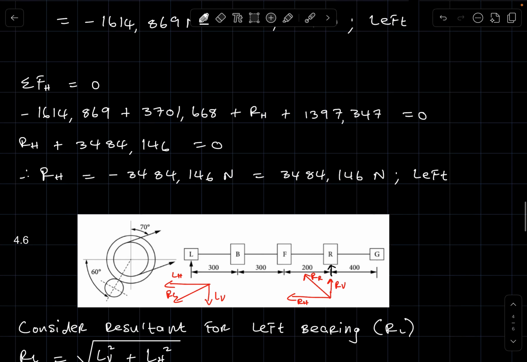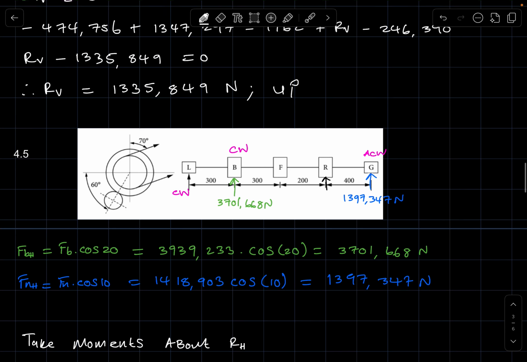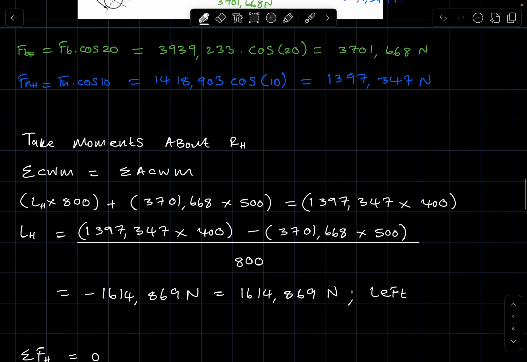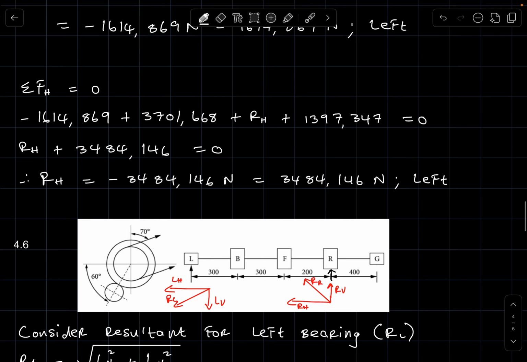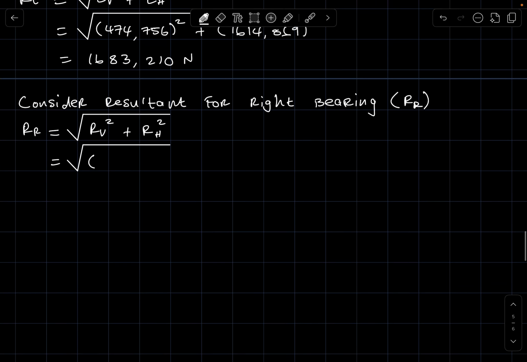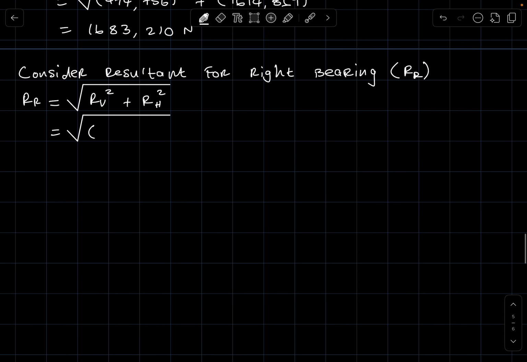RV is 1335,849, and then RH is 3484,146. So now you substitute: 1335,849 all squared plus 3484,146 squared.